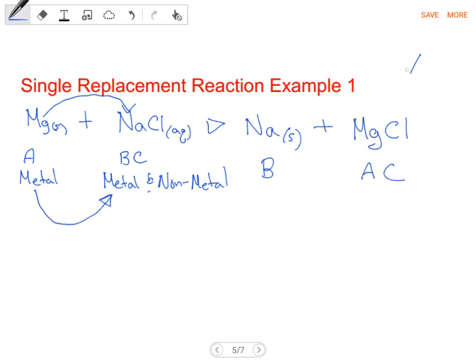Now let's focus our attention right here. Very important. There are two things that we have to do right now. Look at the charges. Mg is 2 plus. Cl is 1 minus. What's our charge of Cl? Well, it better be a 2. I'll put it right there. That's magnesium chloride. One last thing that we need to do.